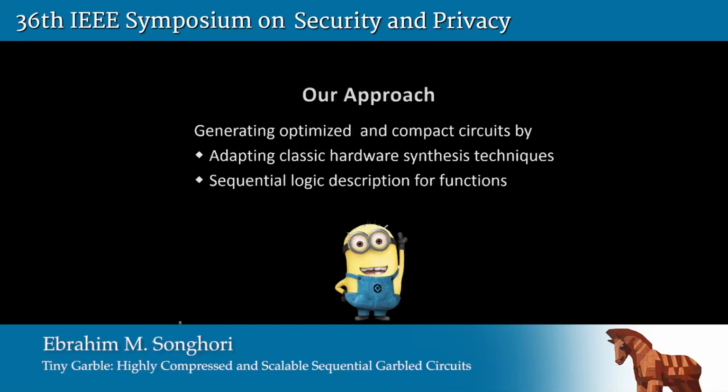So we want to hack these tools to make them able to generate an optimized circuit for the GC protocol instead of actual hardware. The next one is a concept in hardware design, a sequential circuit, which enables us to make scalable circuits for complex functionality.